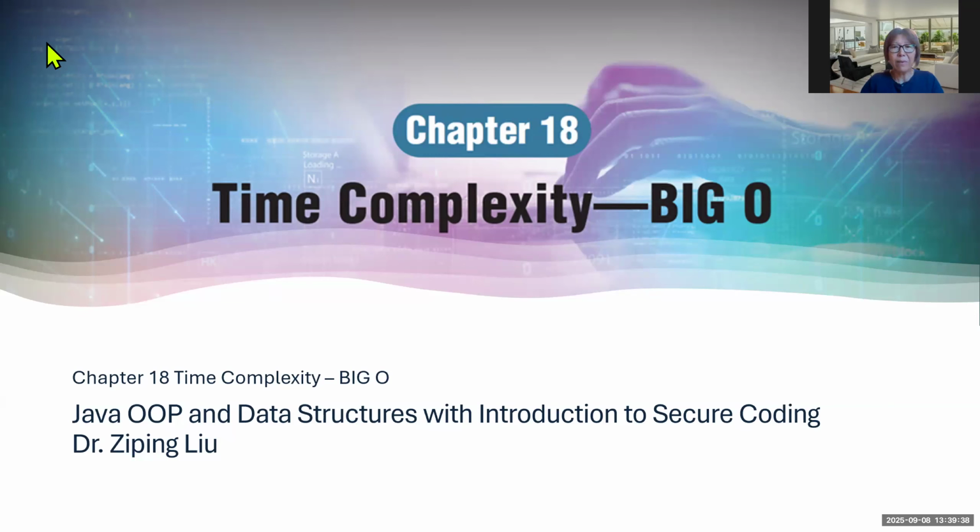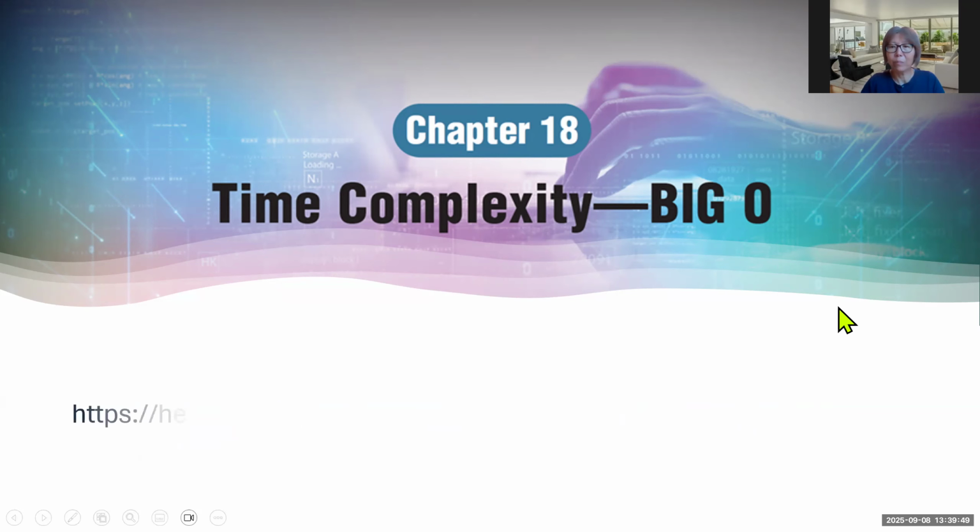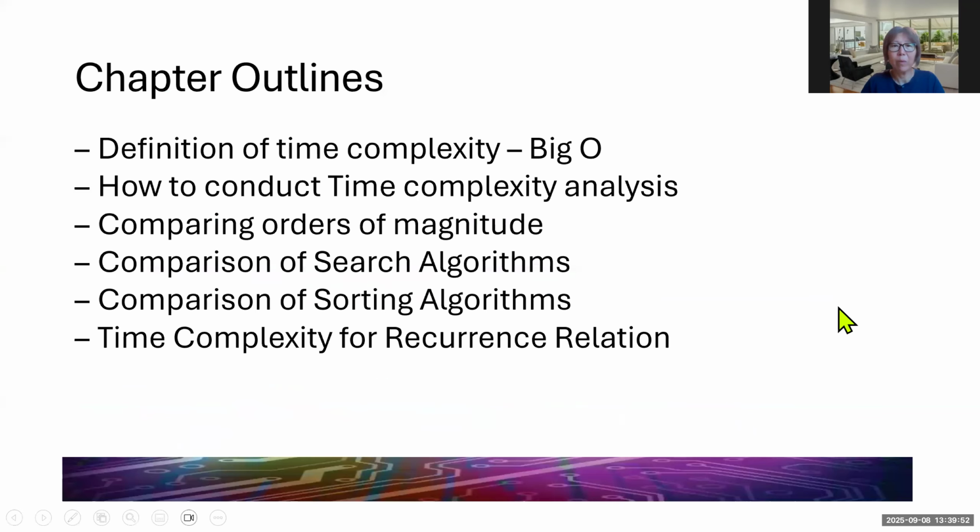Hello, welcome back. So in this lecture, we will cover chapter 18 about time complexity and big O. So the chapter outline, we will cover the following topics. First, we will go over the definition of time complexity, the big O. And then we will take a look at how to do time complexity analysis.